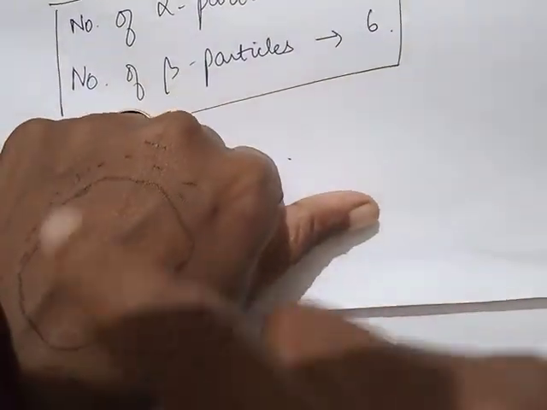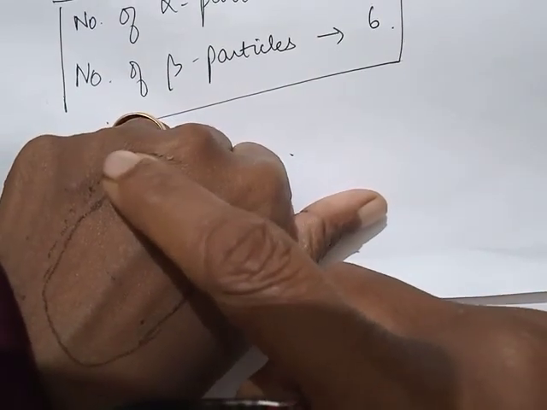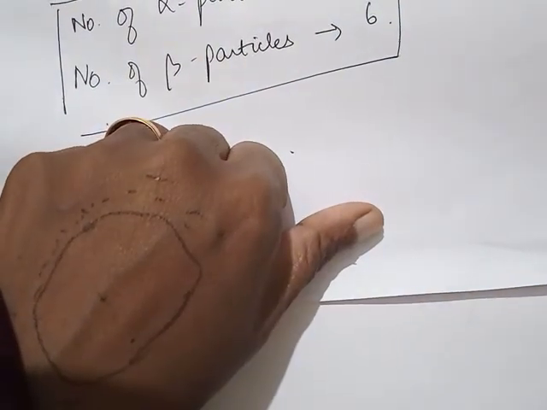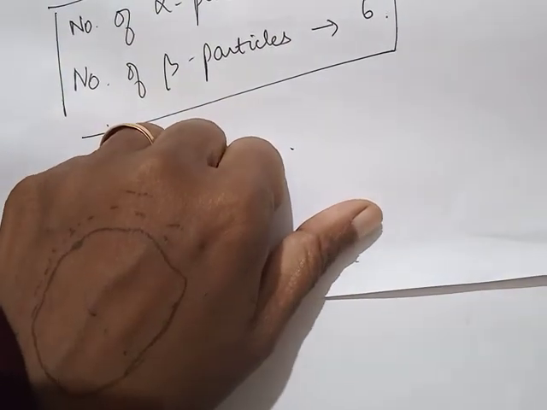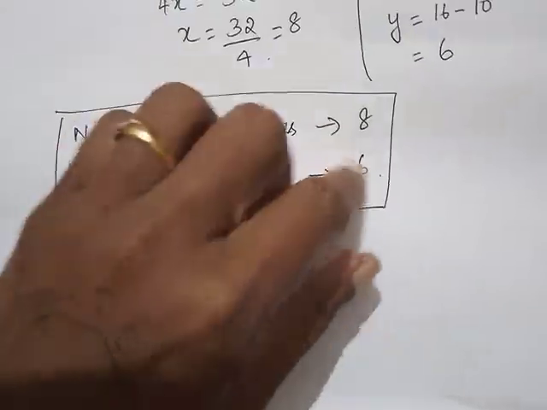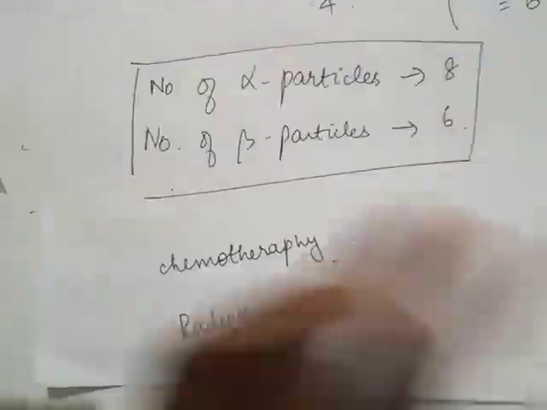Though it is used to destroy these bad cells, it can also destroy some good cells, but there is no other option, because these cells have to be destroyed, otherwise that's going to be too dangerous for your body. Okay, so here you saw gamma radiation as a use, and here you're seeing it as a harmful effect, but both might take place.